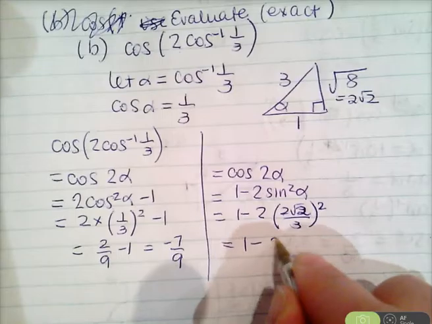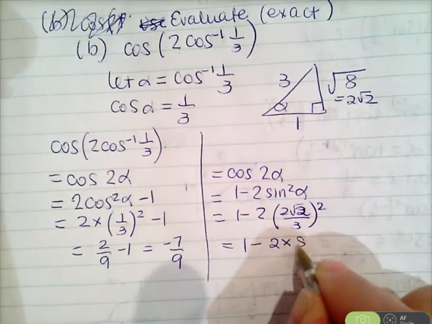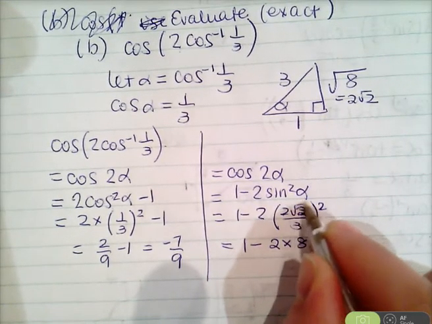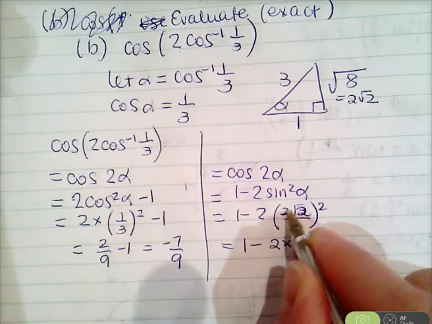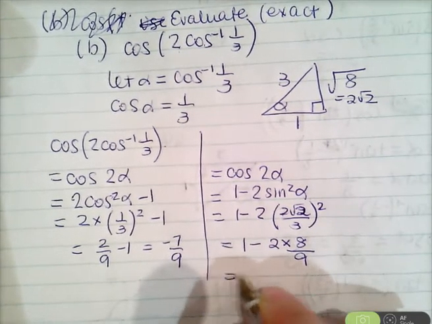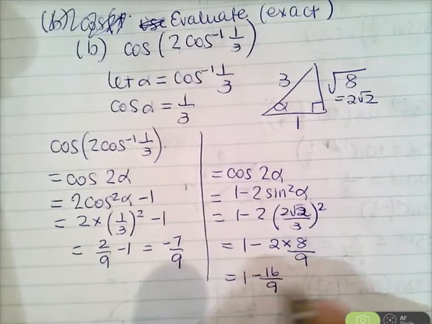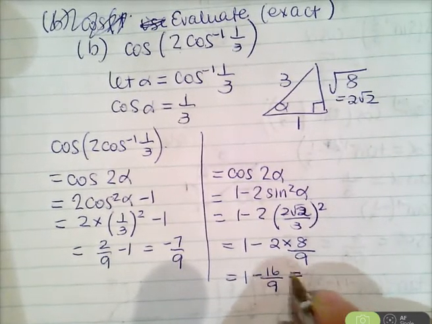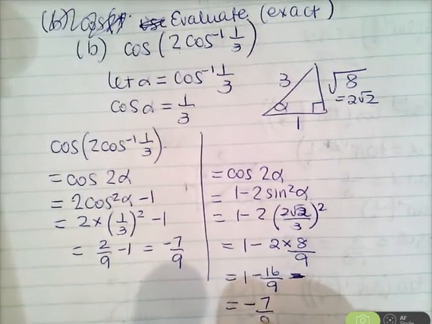Actually, I should have kept it as √8, because then √8 squared is 8 over 9. So that's 1 minus 16 over 9, which is, as we got before, -7 over 9.